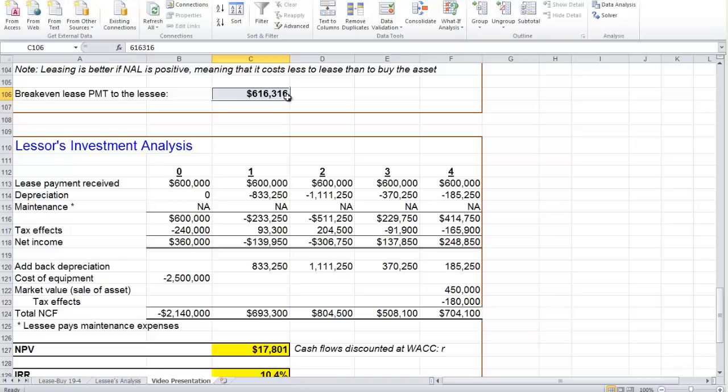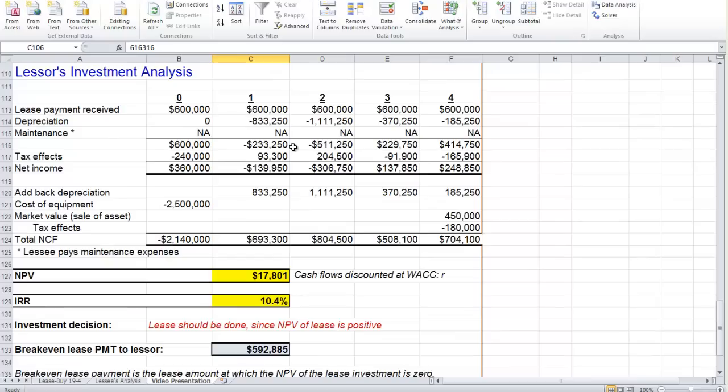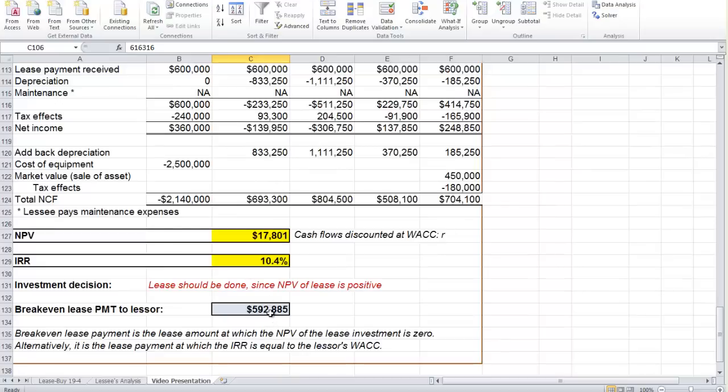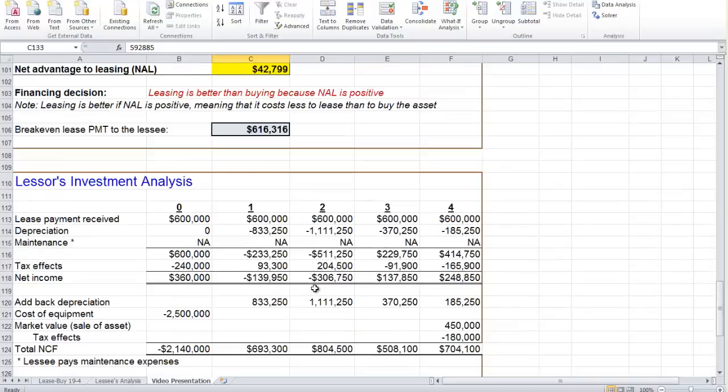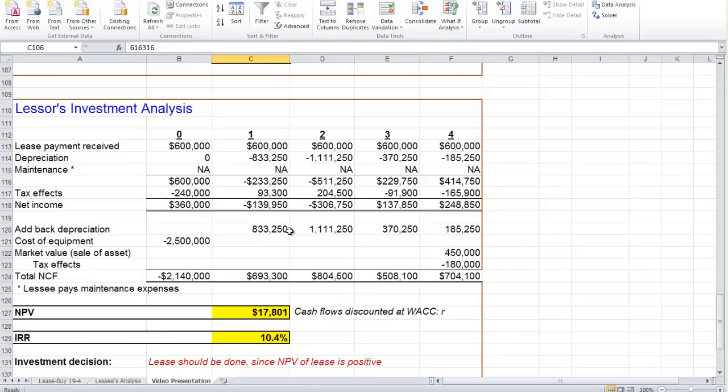The lessee can afford to find this lease contract more cost effective if the amount is no more than $616,000 and change, while the lessor will find this lease deal to be of value if the lease payment is no less than $592,885. So the difference between this 592 and this 616 is the wiggle room that these two parties have.